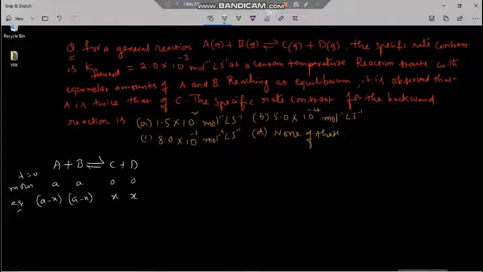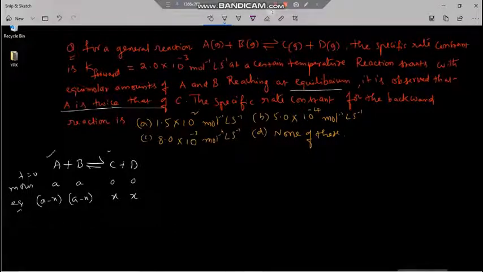You know what the given condition here is? The given condition is that A is twice that of C at equilibrium. That is the one hint they have given.